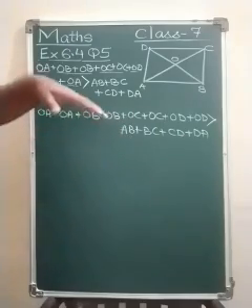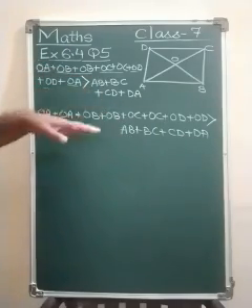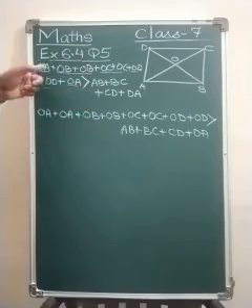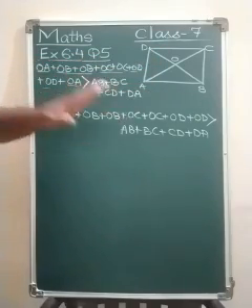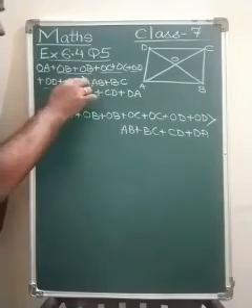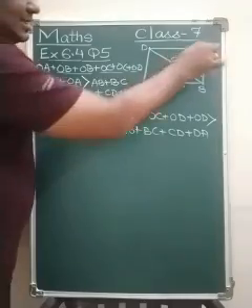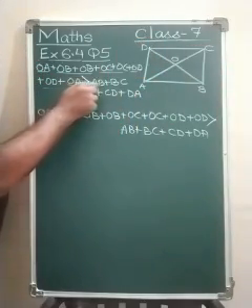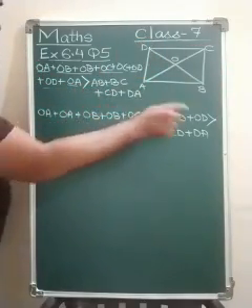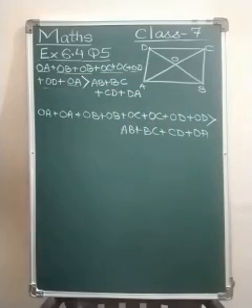Let me correct myself. When I was reading the question, I mentioned that this is greater than twice AC plus BD. But that is not the case. This is less than twice AC plus BD.